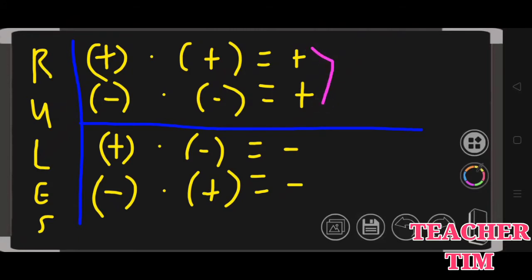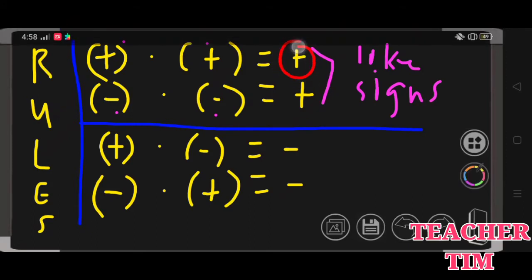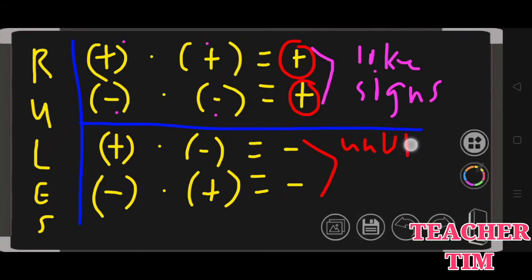As you noticed in these rules, when you are multiplying two integers with same signs, let's say positive times positive and negative times negative, or we can say them as like signs, the answer will always be positive. So remember that. While on the third and fourth rules, they have unlike signs. Positive number times a negative number, and then the other one is a negative number times a positive number.